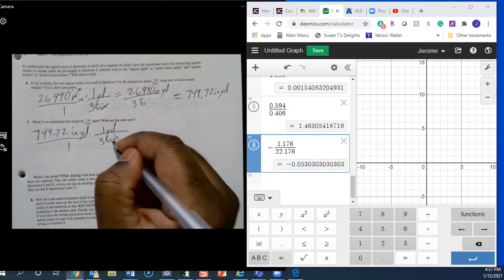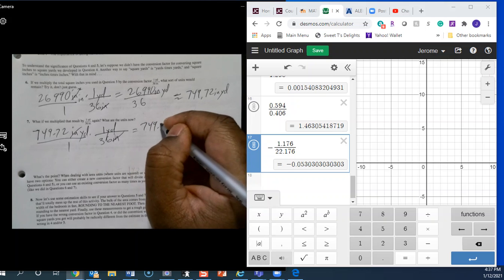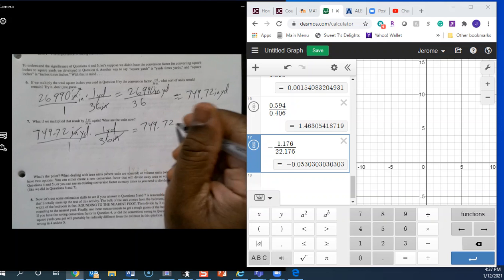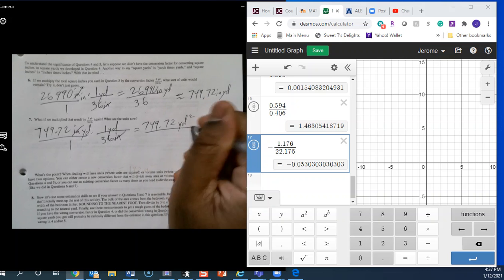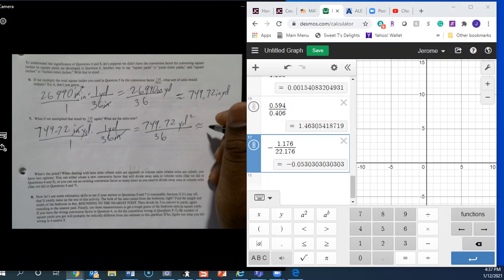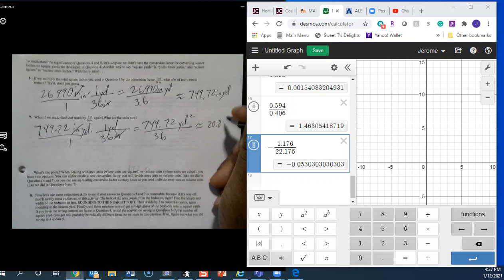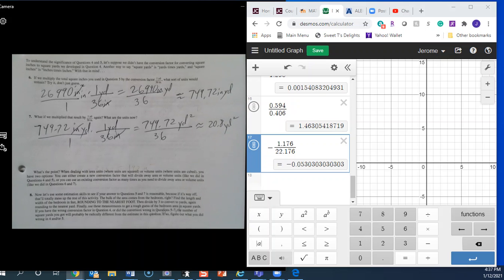Now, the inches will simplify each other out. So you have 749.72 square yards all over 36. Now, when you divide that out and round to 1 decimal place, like we did in the previous problem, it'll give us 20.8 square yards.